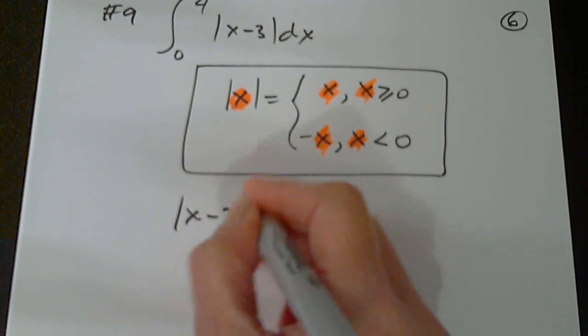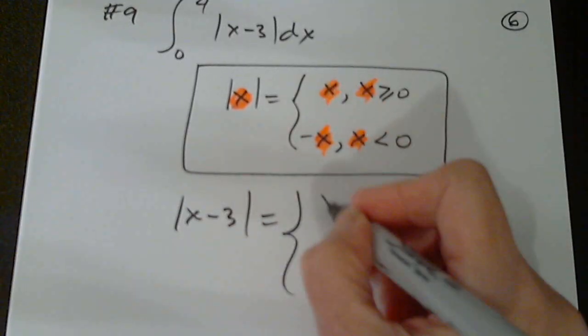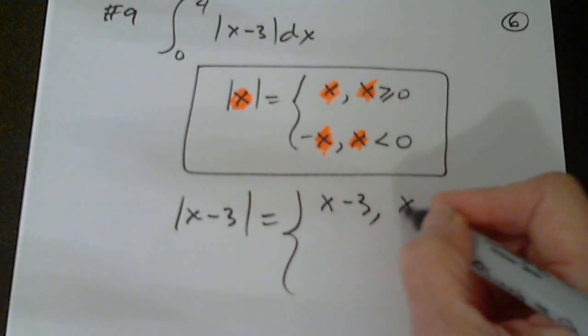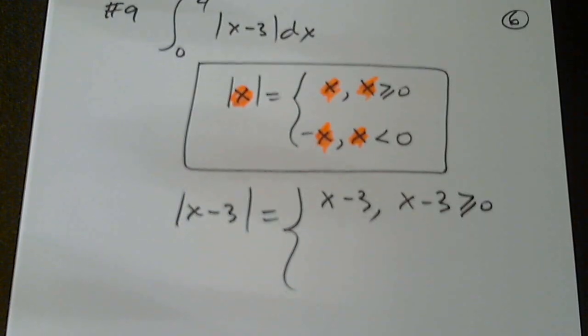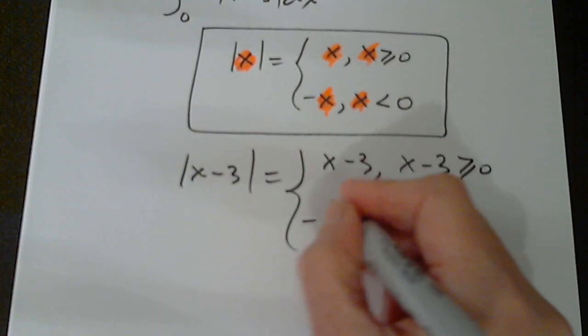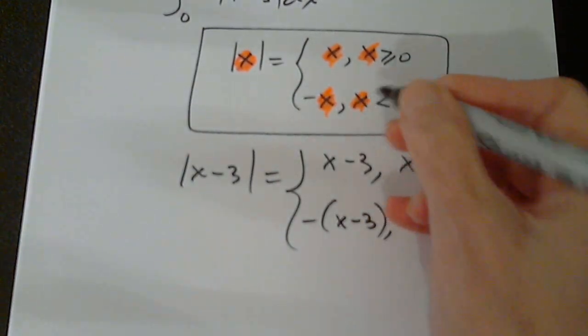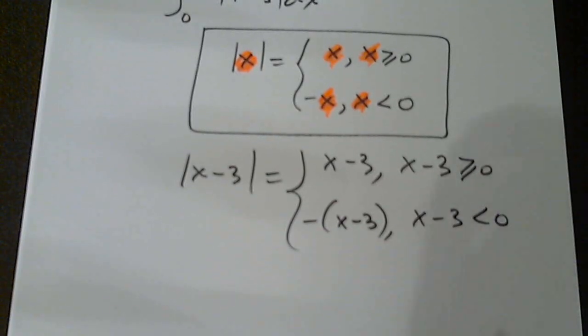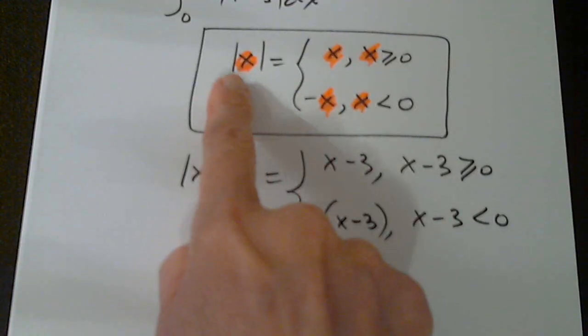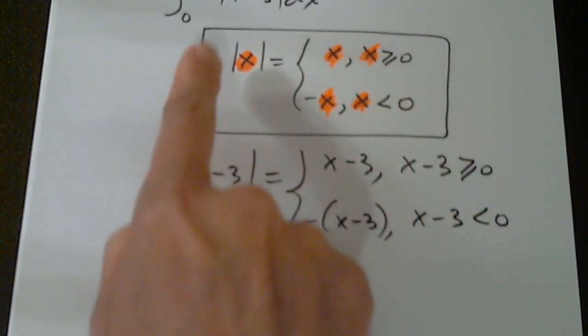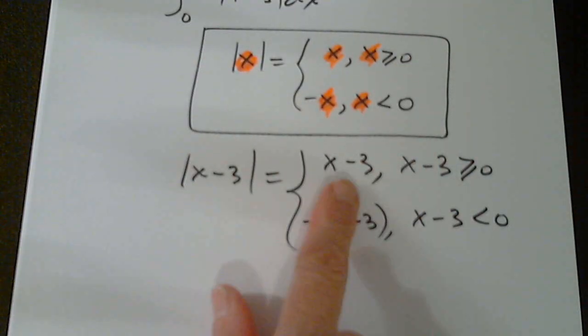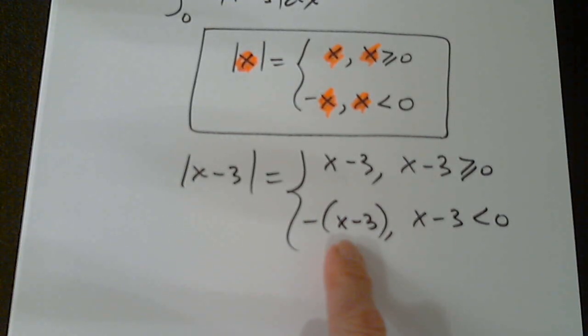The absolute value of x minus 3 is x minus 3 if x minus 3 is greater than or equal to 0, or the opposite of x minus 3 if x minus 3 is less than 0. All I did was replace x everywhere by x minus 3.